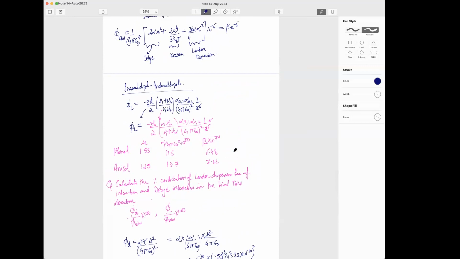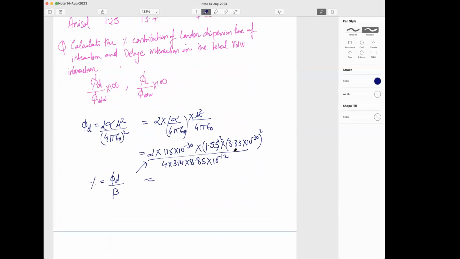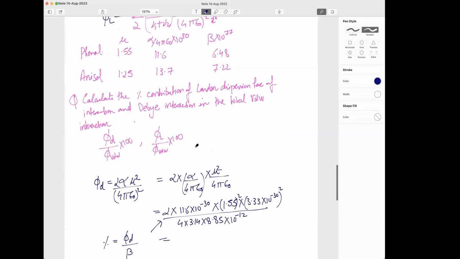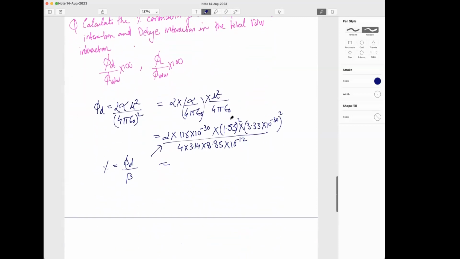Okay, thank you, sir. So this is divided by beta. So beta is 6.48 into 10 raised to minus 77, and this becomes 0.08, and that should be in percentage.